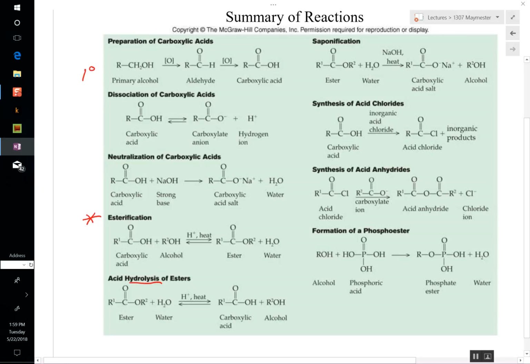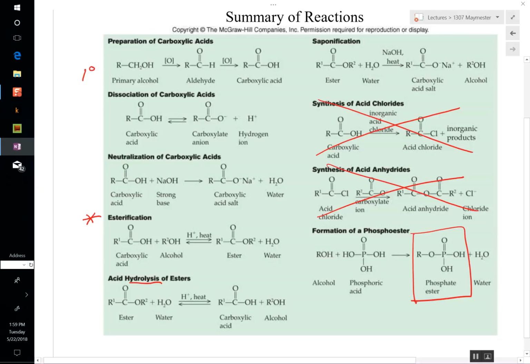Saponification, we just went over that. We did not go over this, so we're not going to look at the synthesis of acid chlorides or acid anhydrides. And this reaction right here, I basically want you to just recognize phosphate esters.